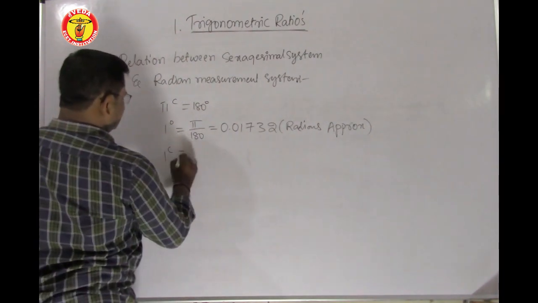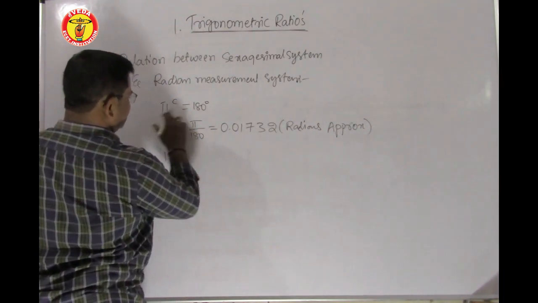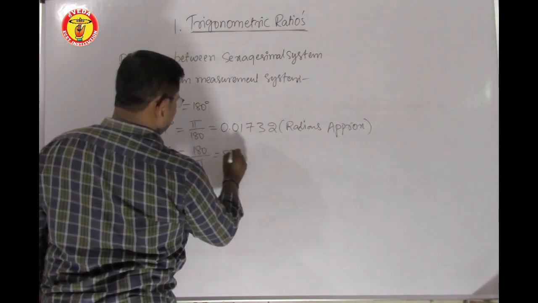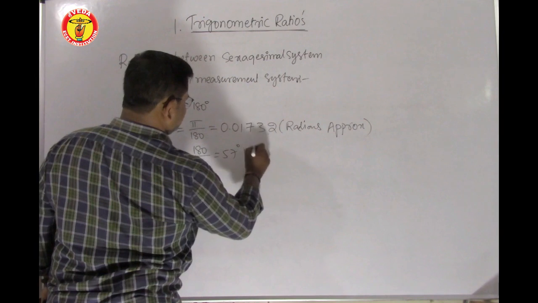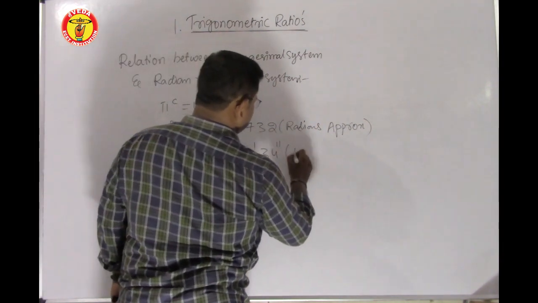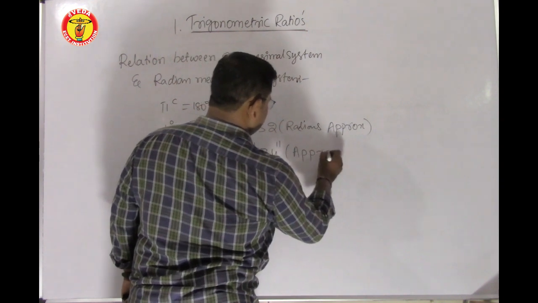And 1 radian's equivalent value is 180 by pi, which is equal to 57 degrees 17 minutes 34 seconds. It is also an approximate estimation.